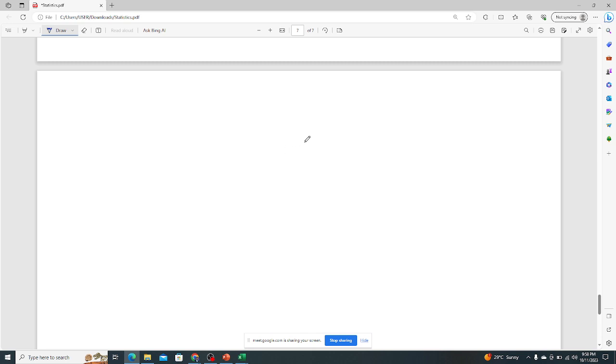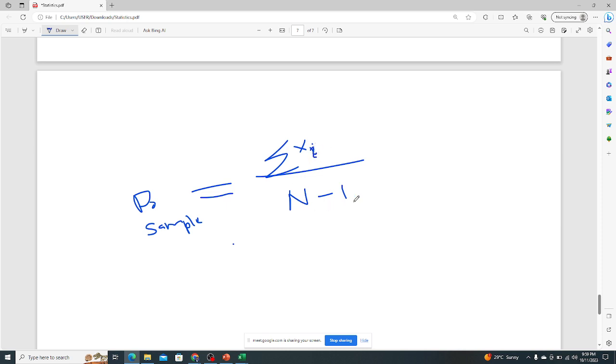For example, if I take the total of xi's and divide by n minus 1, will this be population or sample?